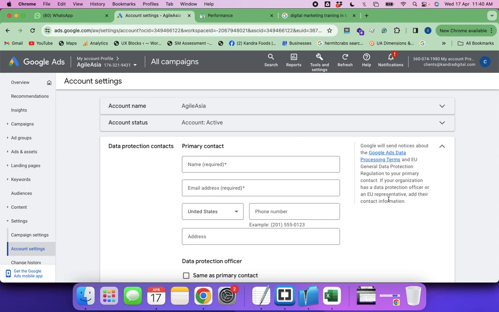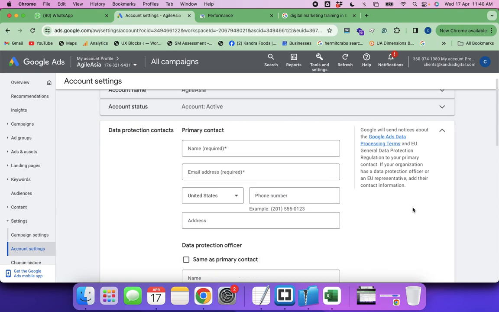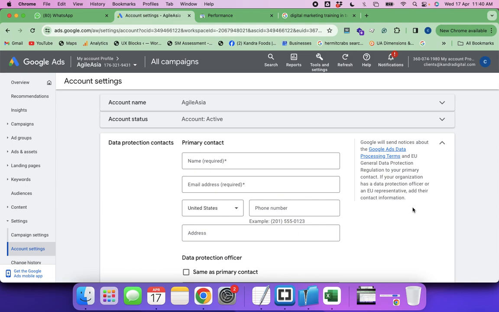If your organization has a data protection officer or an EU representative, add their contact information. Mainly you're going to input lots of details to Google Ads, like contact details or the targeting. Whenever some communication has to be made about the same, it can be sent to the contact details which you provide here.